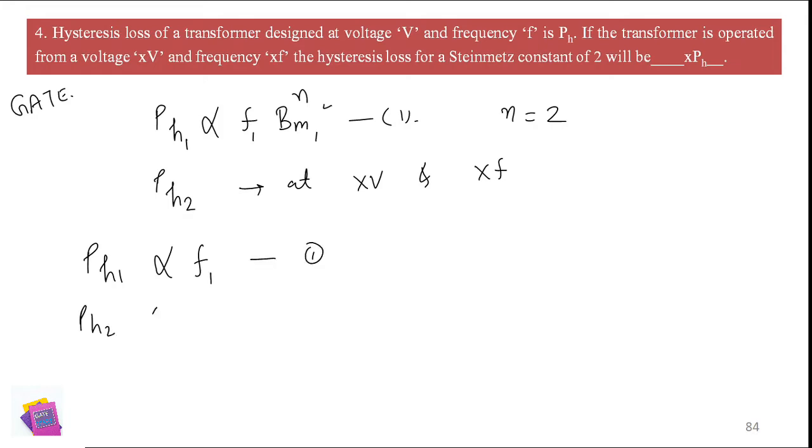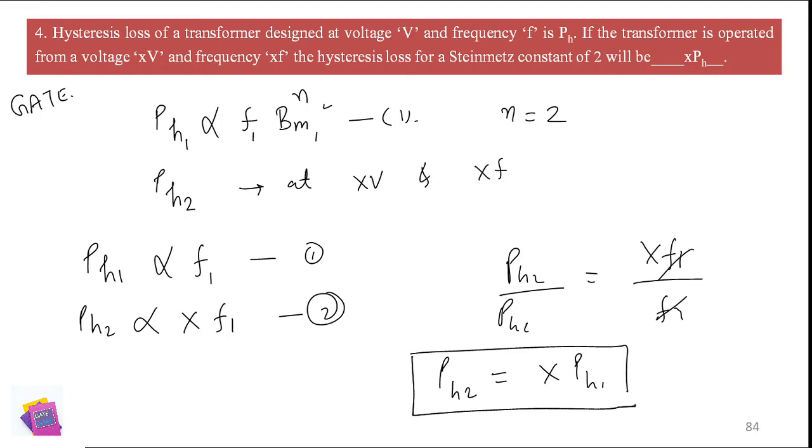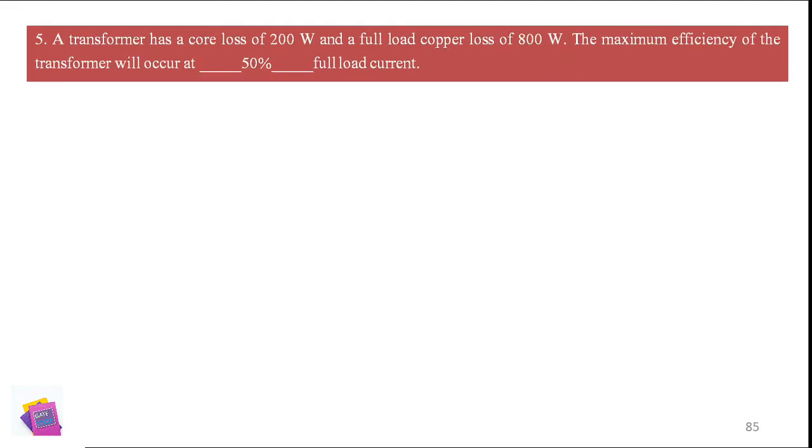In PH2, F is replaced by x into F1, equation number 2. So PH2 by PH1 equals x F1 by F1. So easy. The hysteresis loss will be x into PH1. So this is x into PH. Easy. Next is your numerical.